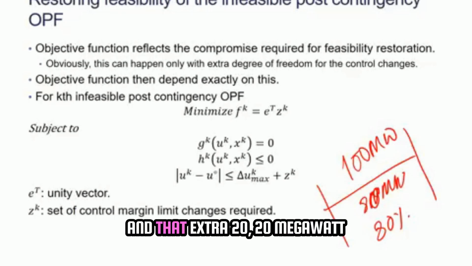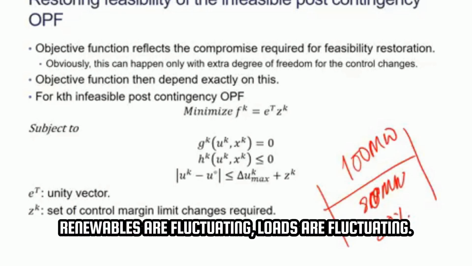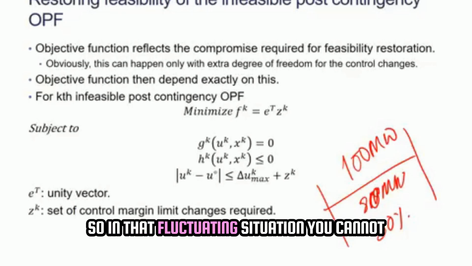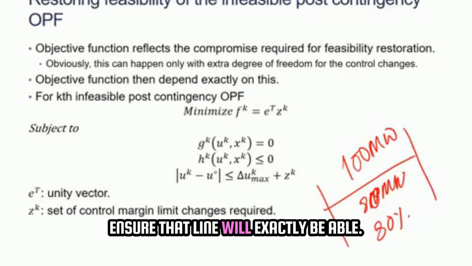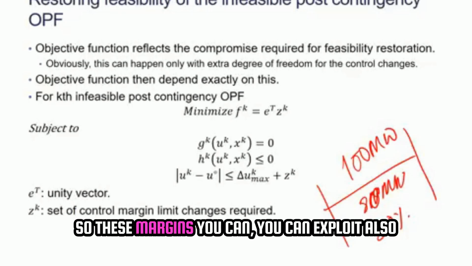And that extra 20 megawatt is kept as a margin, because obviously in real time things are fluctuating, renewables are fluctuating, loads are fluctuating, every component in power system is fluctuating. So in that fluctuating situation, you cannot ensure that we will be able to cap the power flow at 80 megawatts. So there will be a situation where it will go beyond 80. So these margins you can exploit.